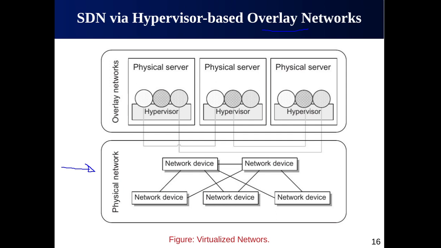The systems at the edge of the network actually interact with these virtual networks. And these virtual networks will hide the details of the physical network from the devices that actually connect to the overlays.